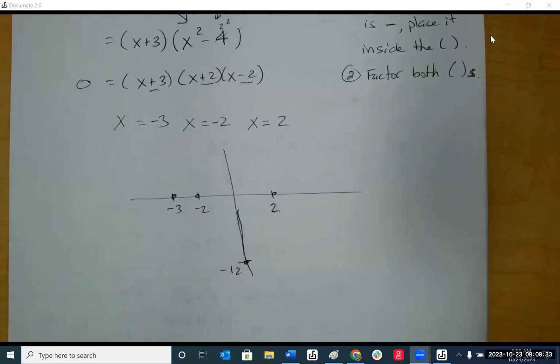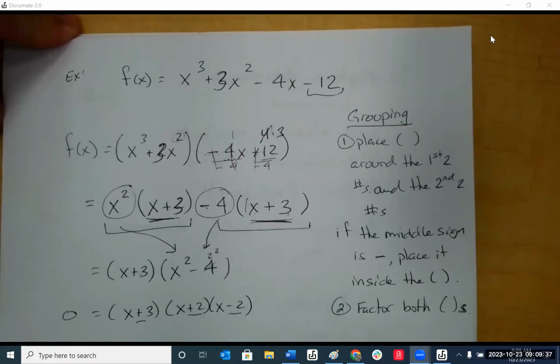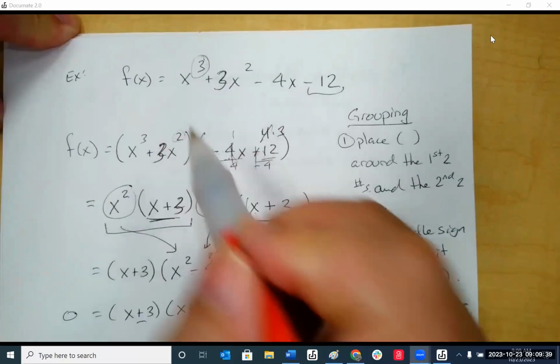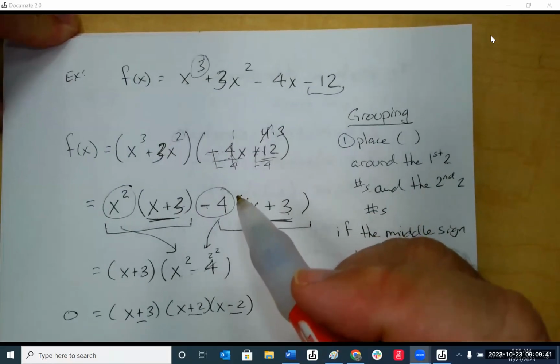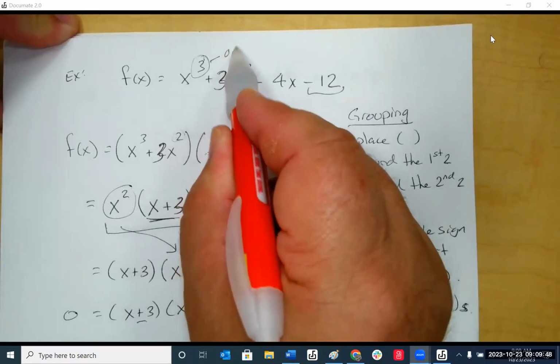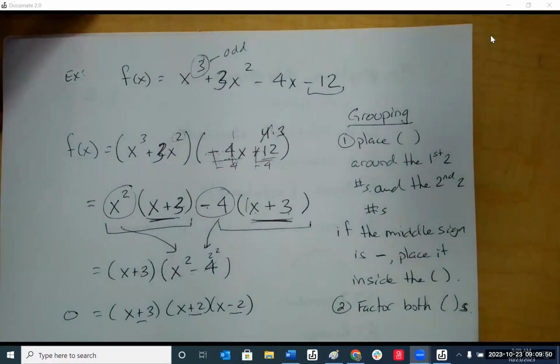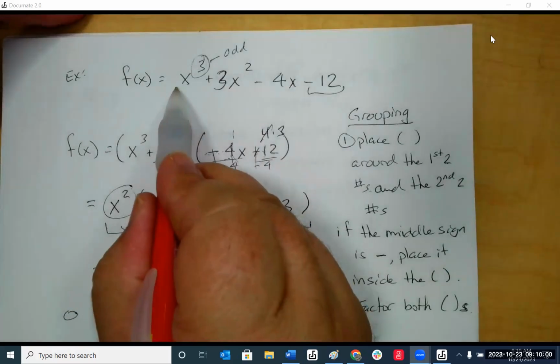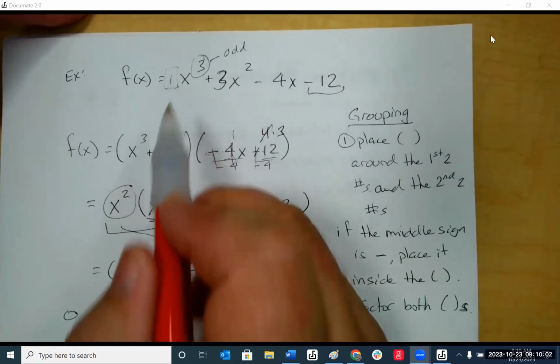What's the end behavior going to look like? It's cubic. So what about the end behavior? If the degree is 3, it's odd. What does end behavior look like? Do they go same direction or opposite? Opposite direction. Does it go to the right, up, or down? No, the leading coefficient is 1. It's positive.